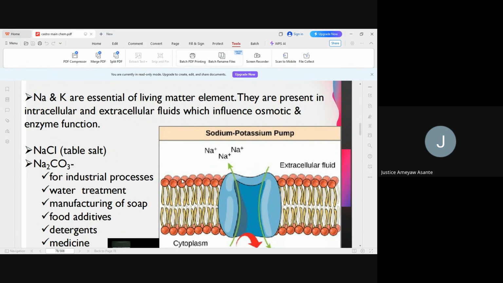They are present in a lot of things, including intracellular and extracellular fluids, which influence osmotic and enzyme function. There is some level of osmosis that takes place within living organisms, including plants and animals.